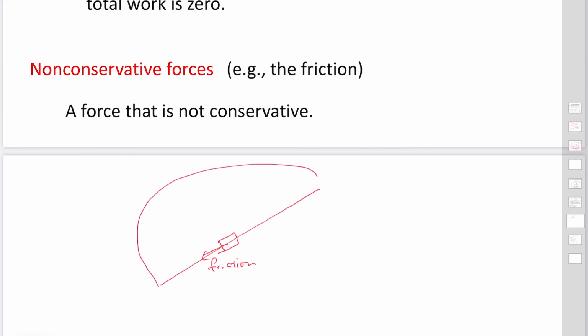The initial point and ending point are exactly the same, but the total amount of work done by friction is different. So the work done by friction depends on the path. In these situations, we call friction a non-conservative force.